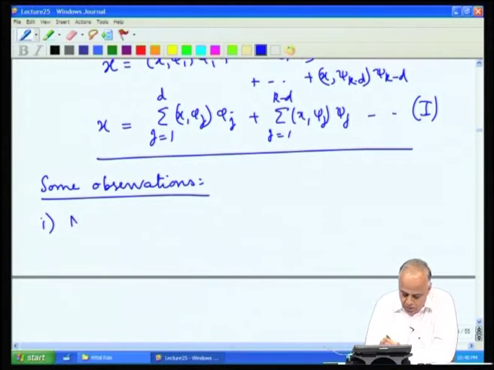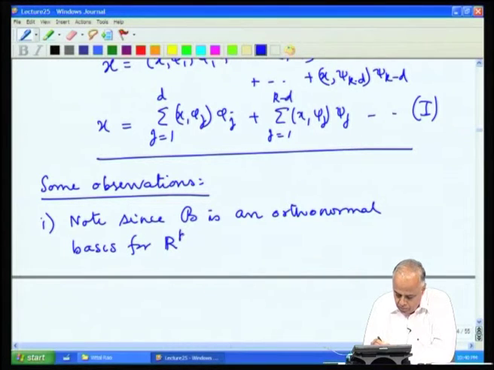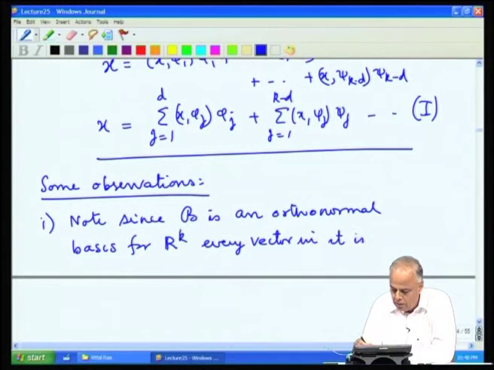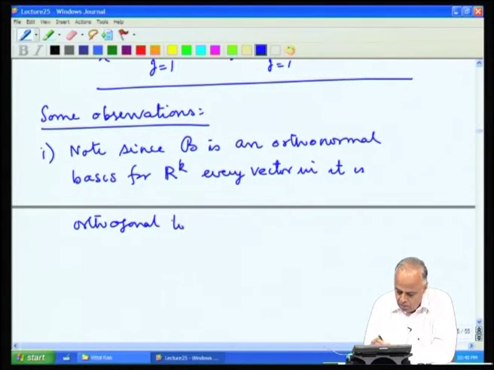So, note, since B is an orthonormal basis for R k, every vector in it is orthogonal to every other vector.